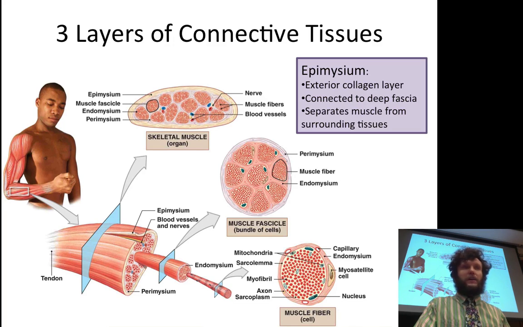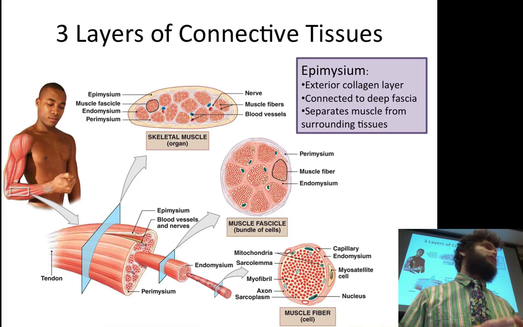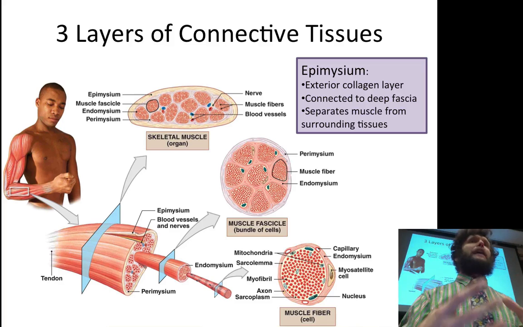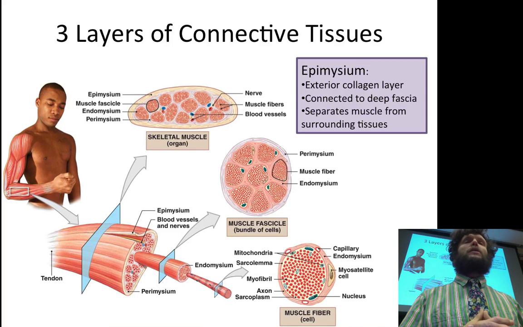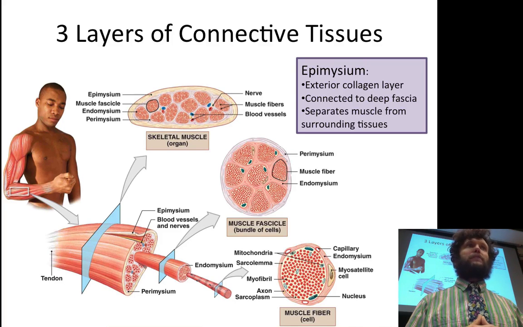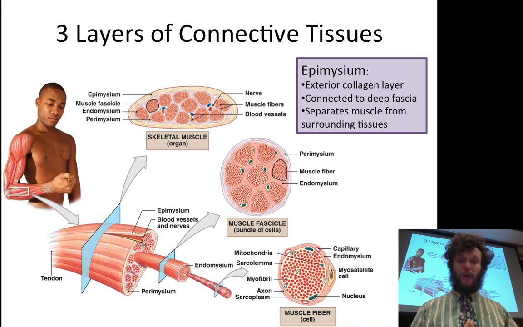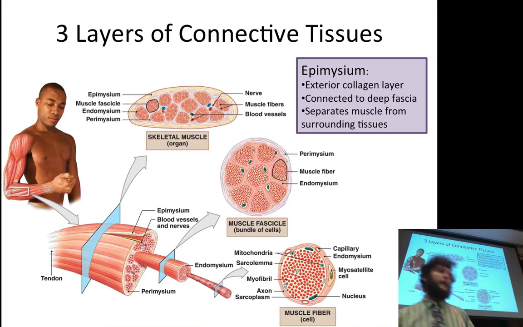And one of them is in terms of the connective tissue. So there are 3 layers of connective tissue in muscle. The outer sleeve of connective tissue that goes around an entire muscle is called epimysium. So it's primarily made of collagen.